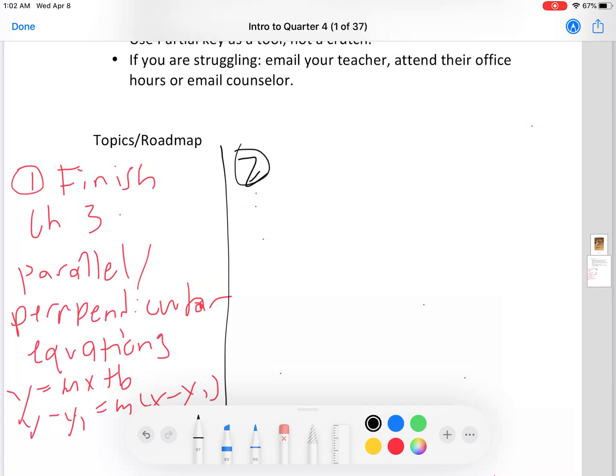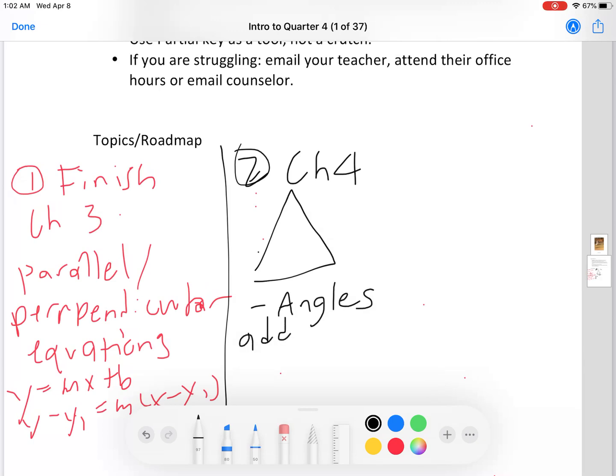Then we're going to do chapter 4, triangles. So we could use facts like angles add to 180 in triangles. We could classify triangles, isosceles, scalene.